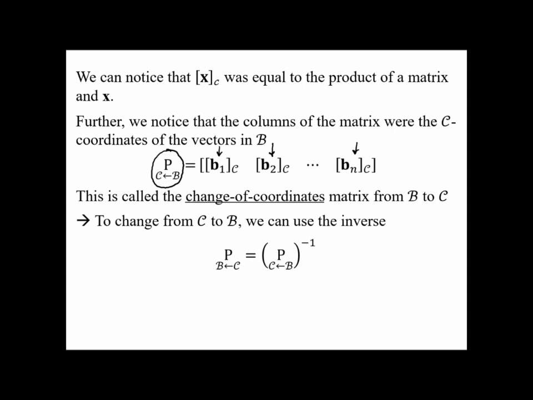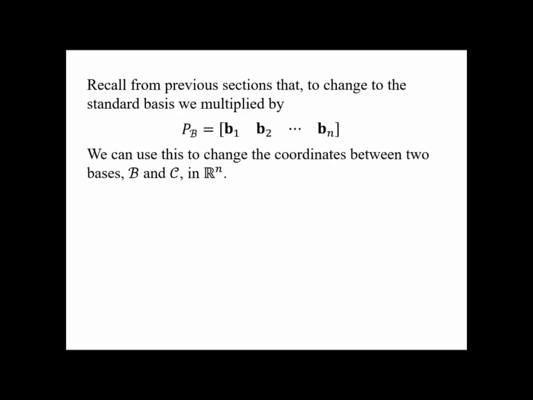Okay. Now, it's worth making an observation here. In previous sections, we said that to change to the standard basis, we multiplied by this matrix. Each column was basically the new basis.